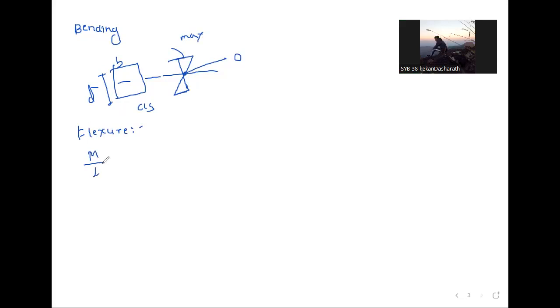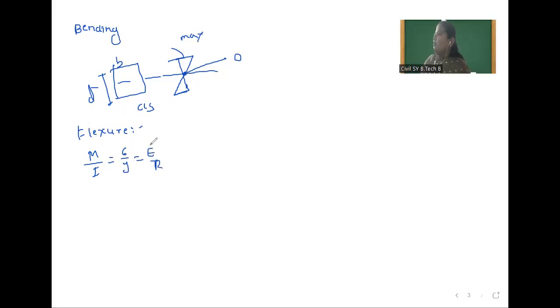M by I, which is equal to sigma by y, which is equal to E upon R. So M is nothing but bending moment or moment of resistance. I is moment of inertia. Sigma is stress.